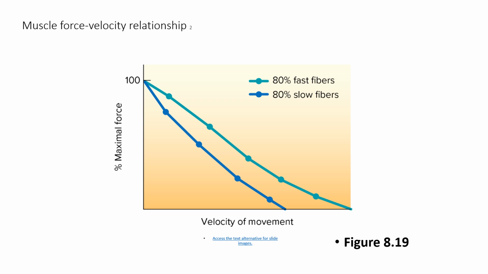Okay? So what you would see is the person with mostly type 2x, while they're performing a biceps curl, elbow flexion, at the exact same velocity as somebody else with mostly type 2a, they might be able to lift 25 pounds in their hand, while the person with mostly type 2a would only be able to lift 15.